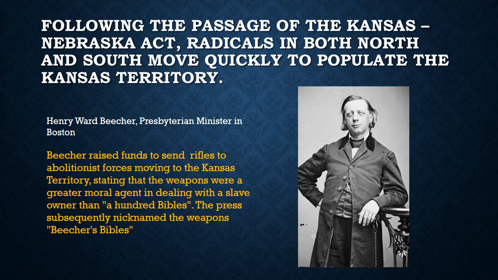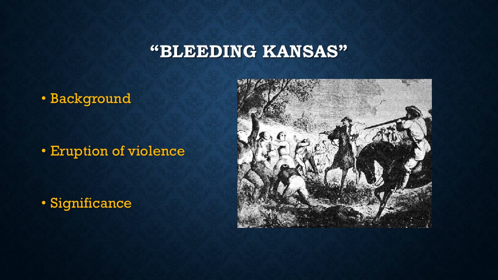Individuals like Beecher and Atchison are encouraging people to move to the Kansas Territory, not to have a new life or make something of themselves, but simply to be there for political reasons, to be there when the vote on slavery is held. These are the people that turn Kansas into a nightmare.